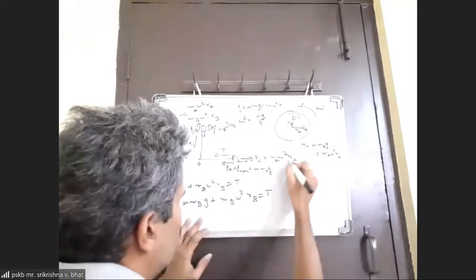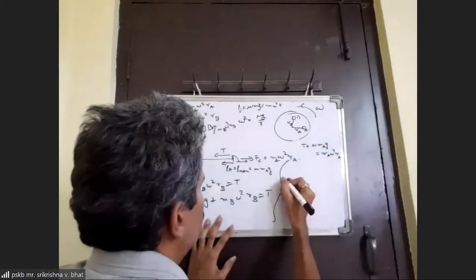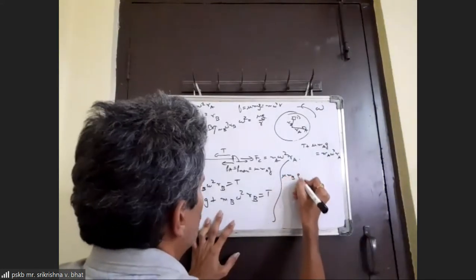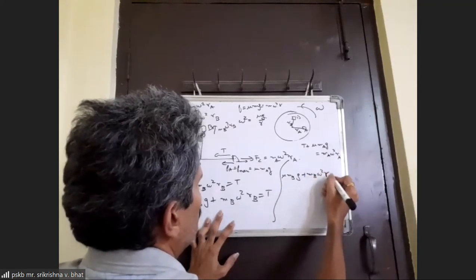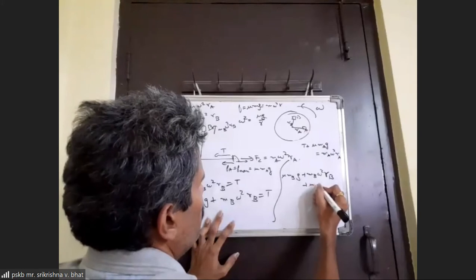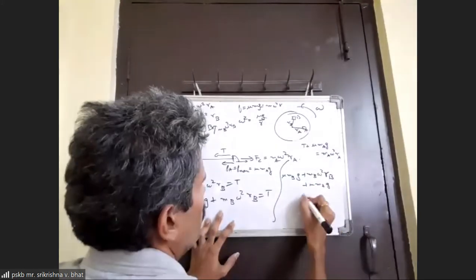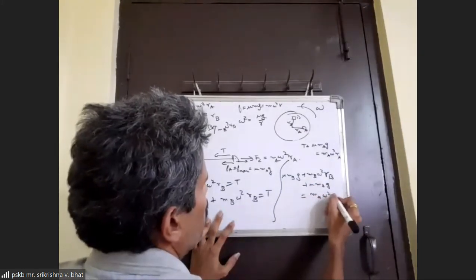So then you will get mu mbg plus mb omega square rb plus mu mag is equal to ma omega square ra.